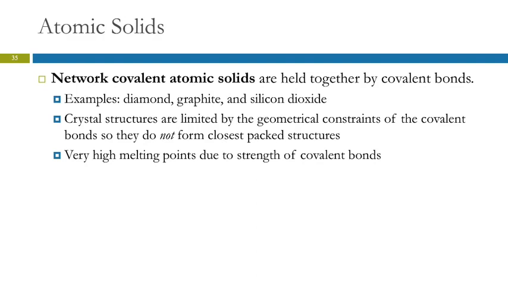We learned about VSEPR theory and valence bond theory with the orbitals hybridizing, and there's a limited number of geometries possible. Those are the only ones that can happen, so you can't get closest packed structures. You're limited in the angles. These are going to have really high melting points because the covalent bonds are really strong.